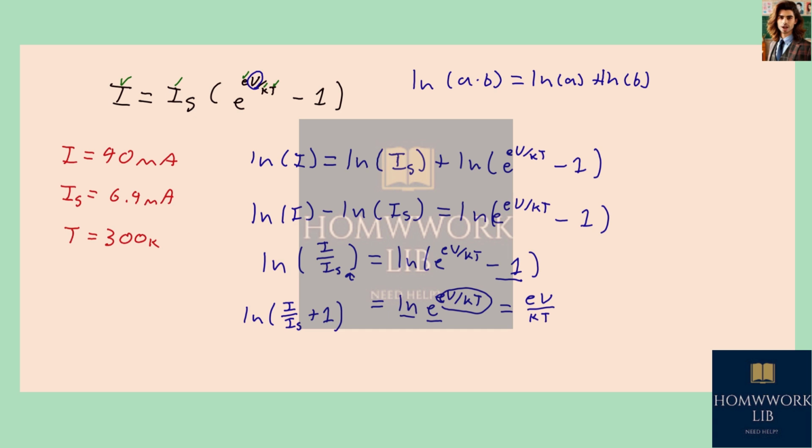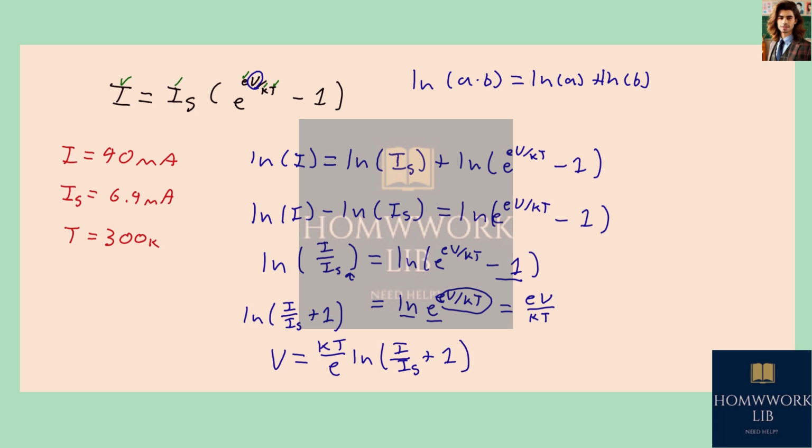Okay, now we want the voltage, so shuffling things around, we end up with our equation for the voltage of kT over e times the natural log of I over I_S plus 1.